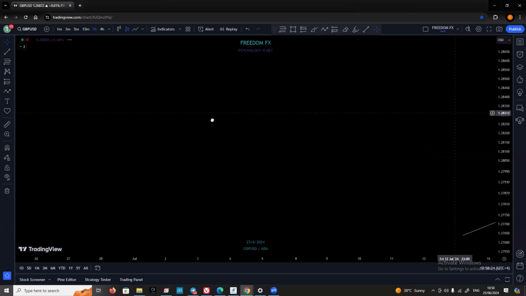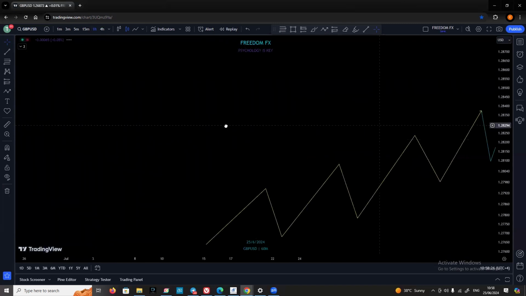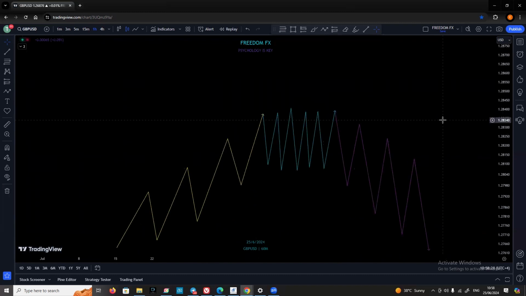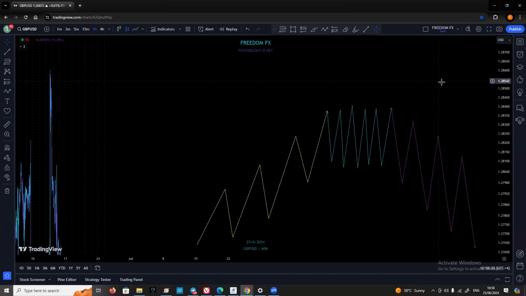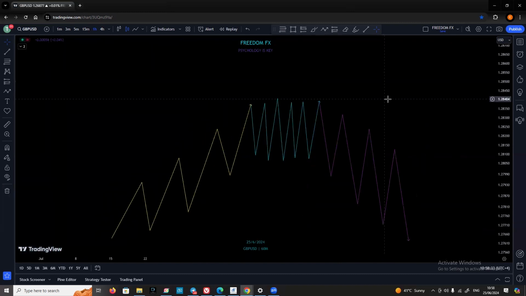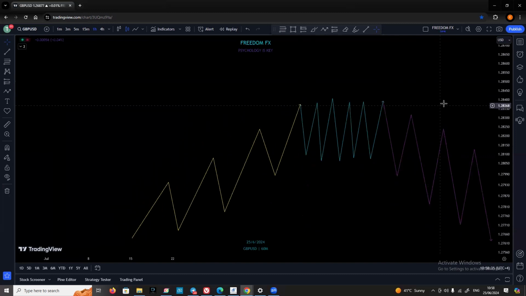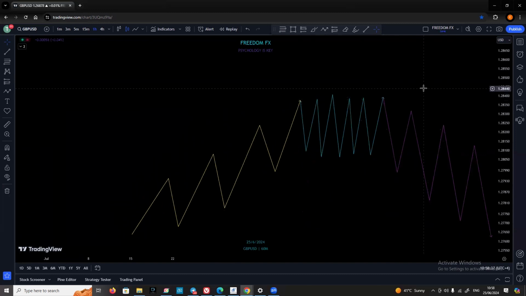So I'm going to go to the 1 hour time frame now, guys. Originally we started from the 4 hour time frame. And the way price moves is in fractals. Price moves in between time frames. Let's take, for instance, this is our 4 hour time frame.